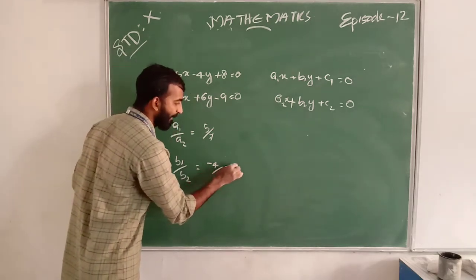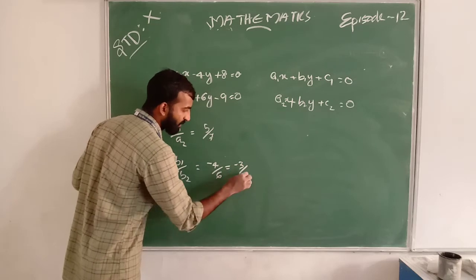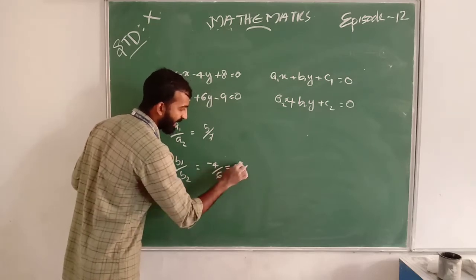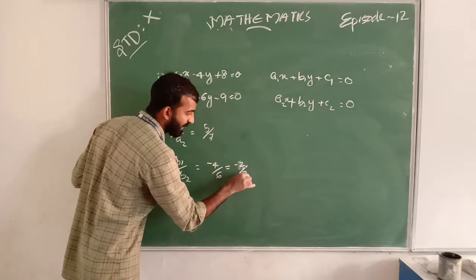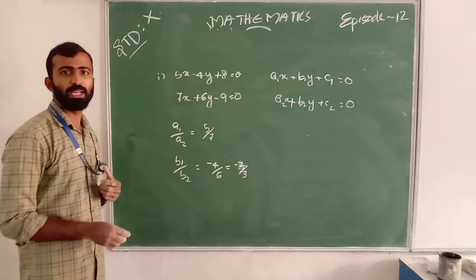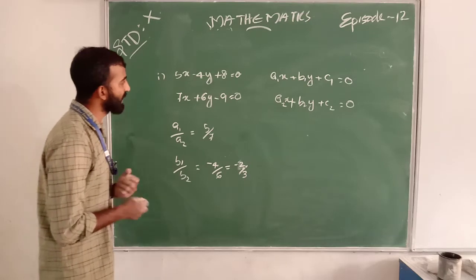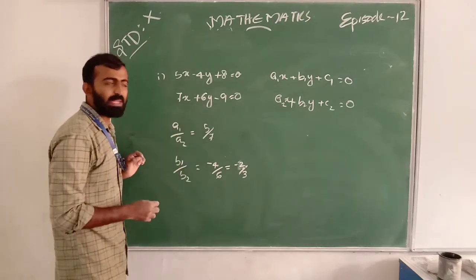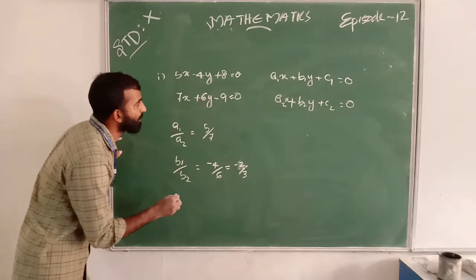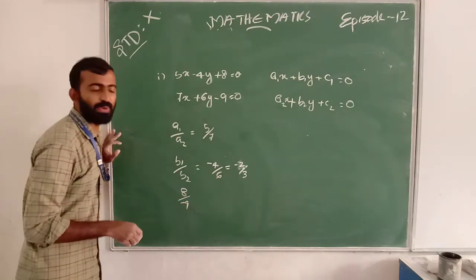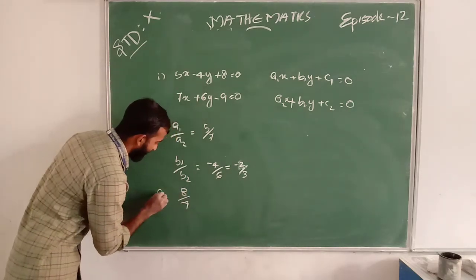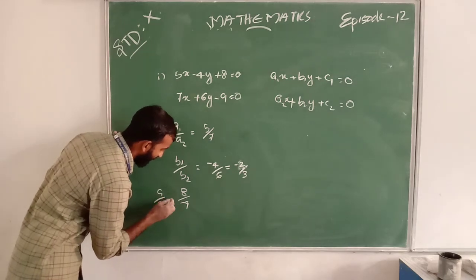Here there is a common factor 2, so we can write negative 2 by 3. Next one is c1 by c2, that is 8 by negative 9.